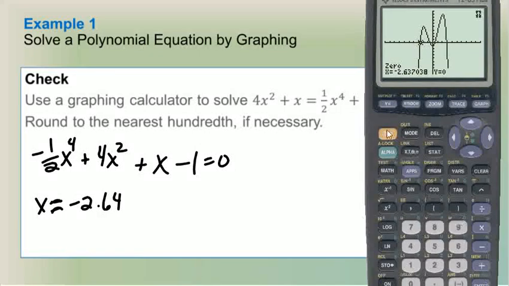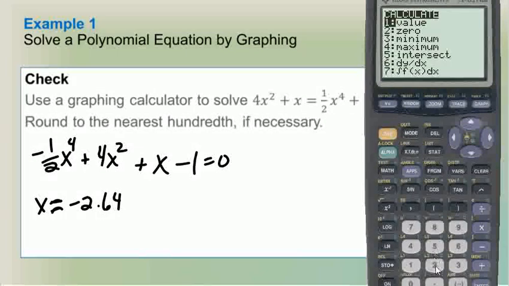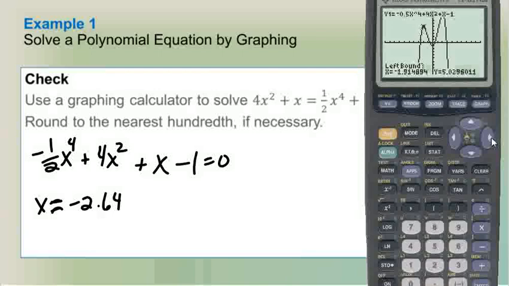Next one, second trace, number 2. Now left bound is above the x-axis, right bound is below. Enter, enter again, and we get negative 0.66.